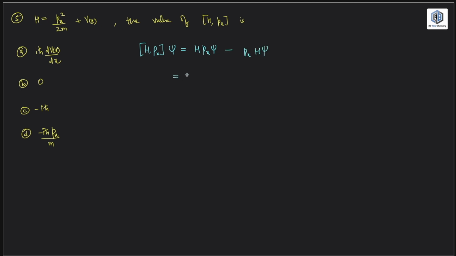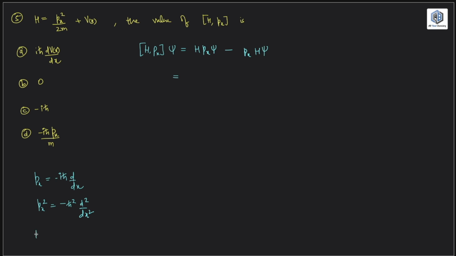If I substitute the value of H, you can even convert this value, and it will be easy for you. px is minus i h cross d by dx, and px square will be equal to minus h cross square d2 by dx square.